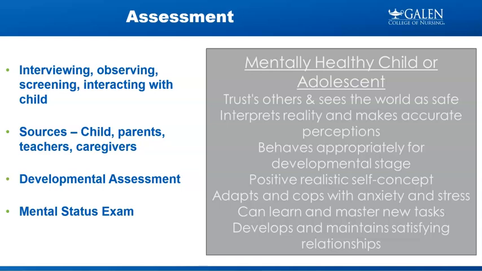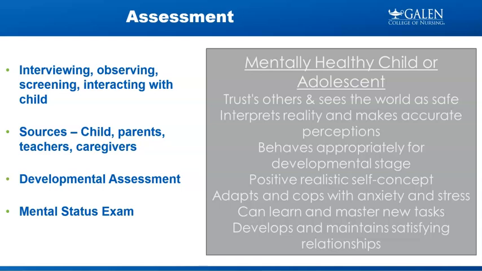As we are assessing the child, and some of this is again redundant, we have to interview the child and the parent, and then the child and parent together. How does that parent interact with that child? That is a big consideration. How does the child interact with the parent? We can get sources, we often call it collateral information, from many different people: siblings, teachers, a youth group leader at church, all sorts of different environments.